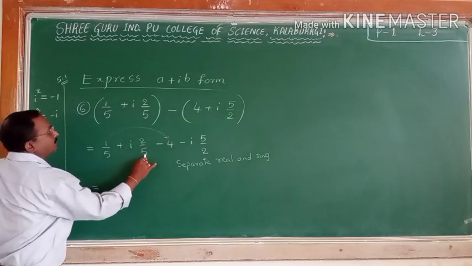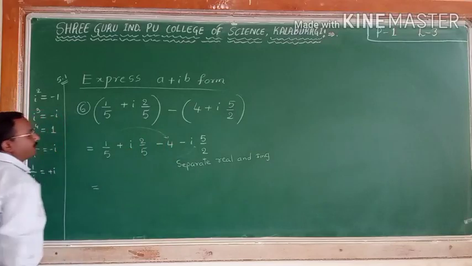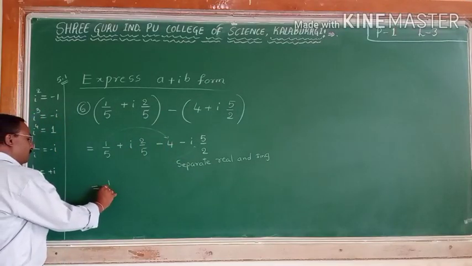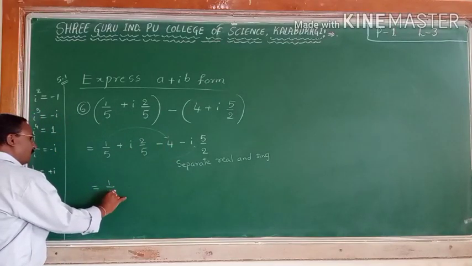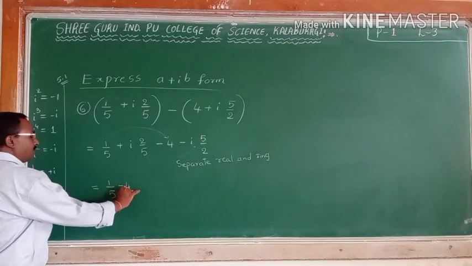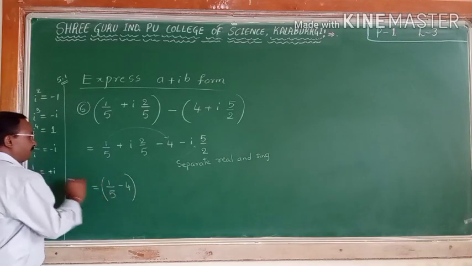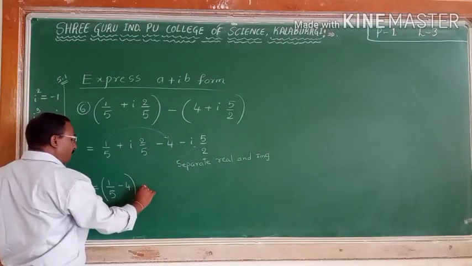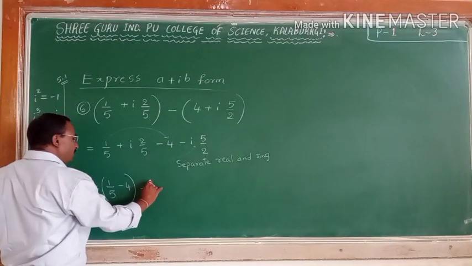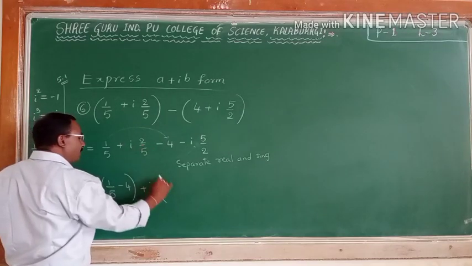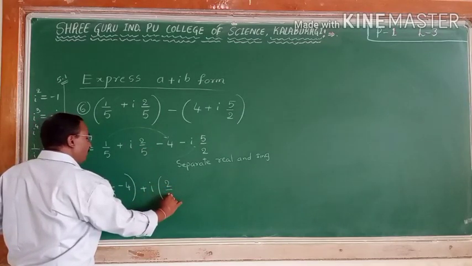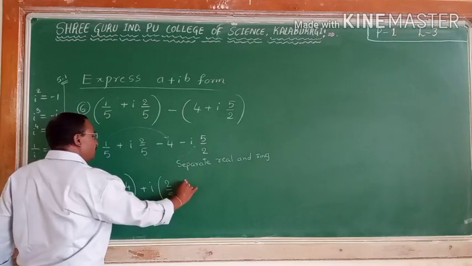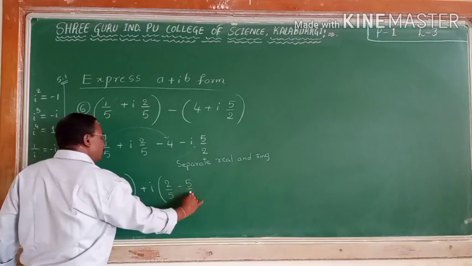These two are reals, these two are imaginary. Real part 1 by 5 minus 4, one side, this is real part. I taking common, remaining imaginary part 2 by 5 minus 5 by 2.